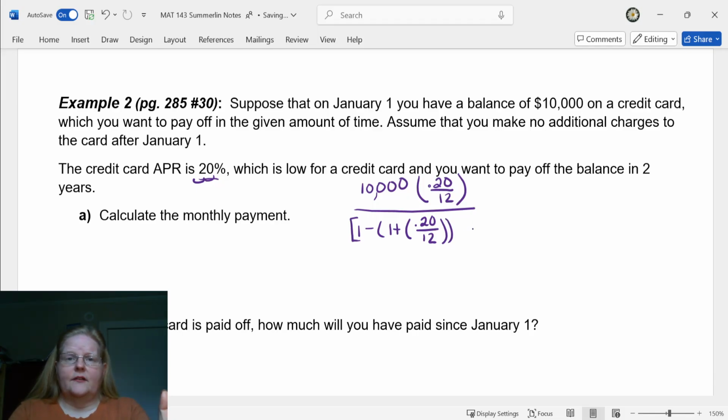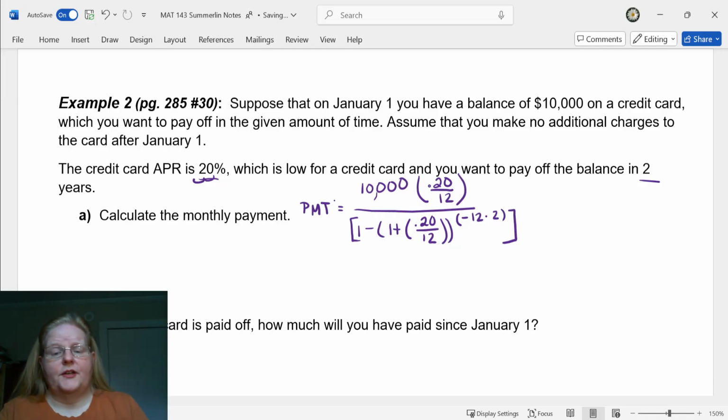This is the way I've gotten in the habit of writing it because of the old calculator. To the negative 12 times 2, close parentheses, equals my PMT. They want it done in 2 years, pay off the balance in 2 years.